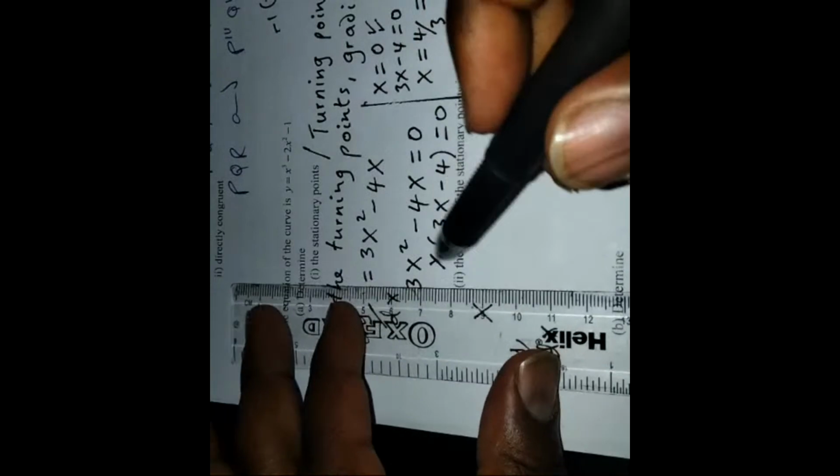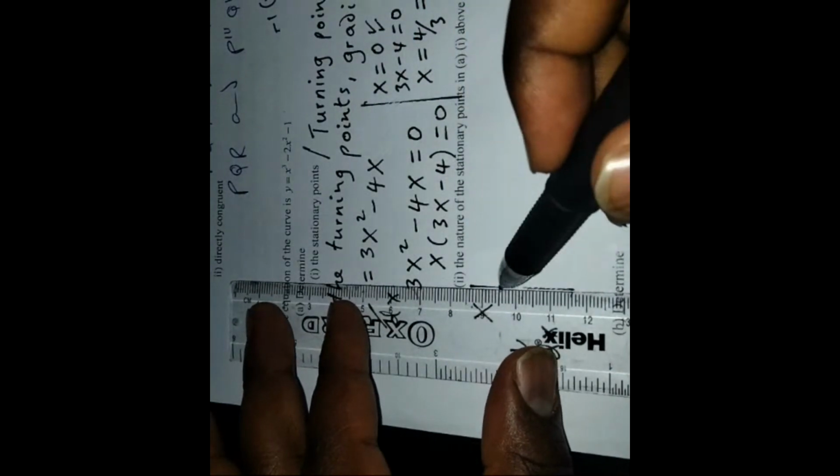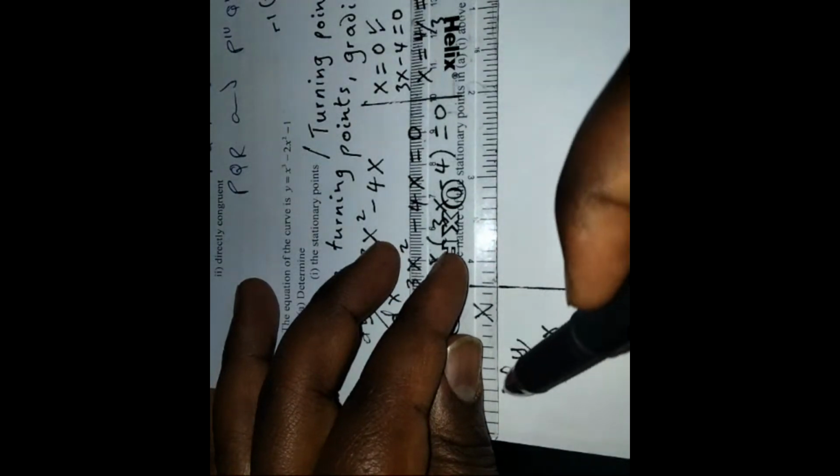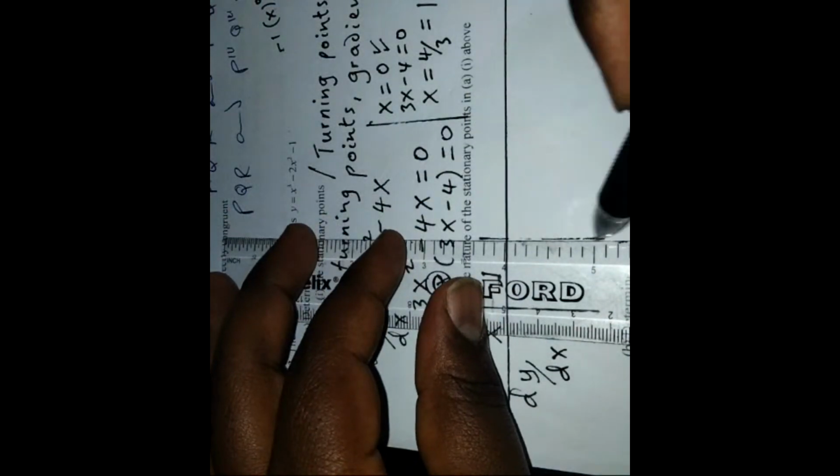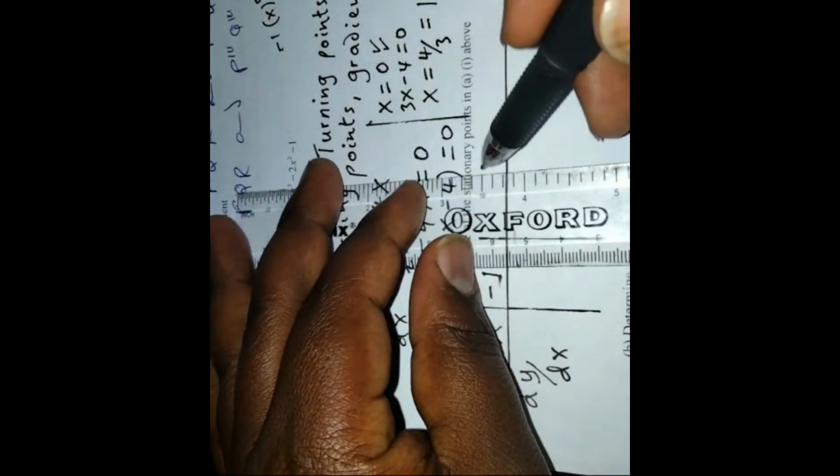So I will prepare a table here which will guide us into knowing the type of turning points we have obtained above. We can start with the first one as x equals 0. We can begin just before x equals 0, so we can have x at minus 1, then x at 0.